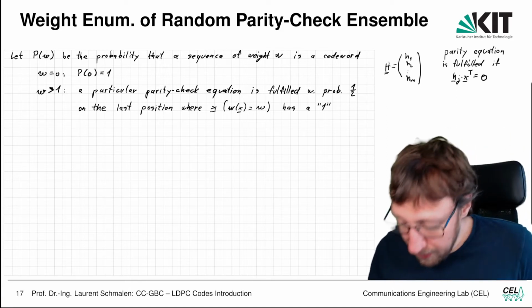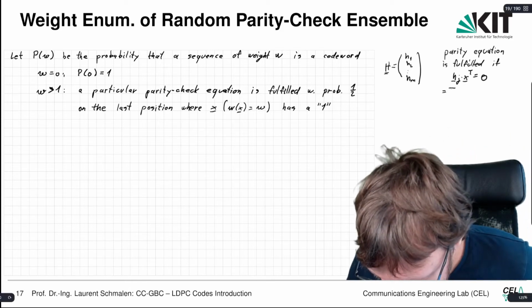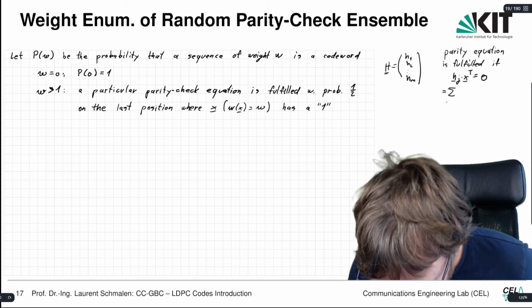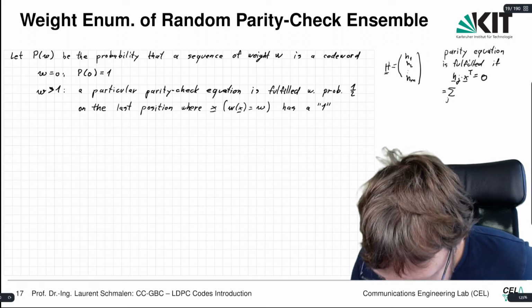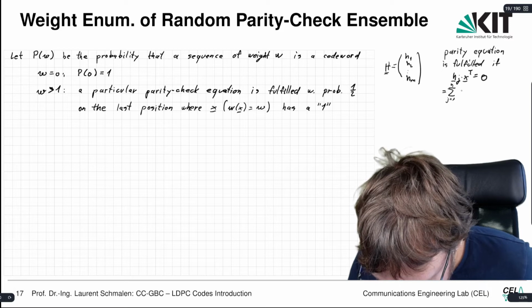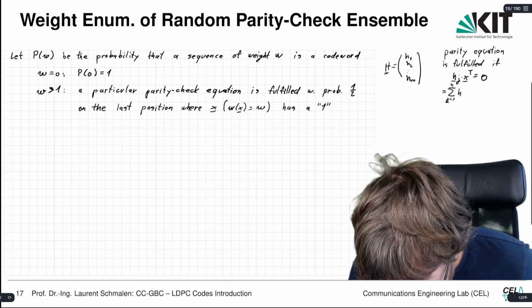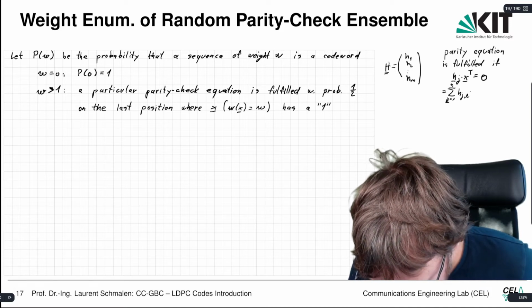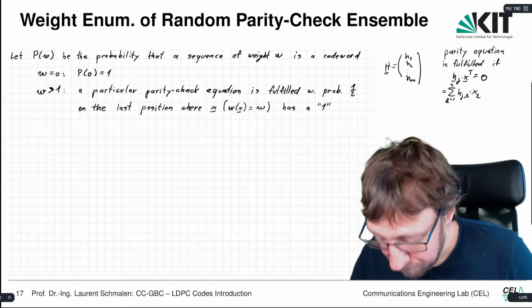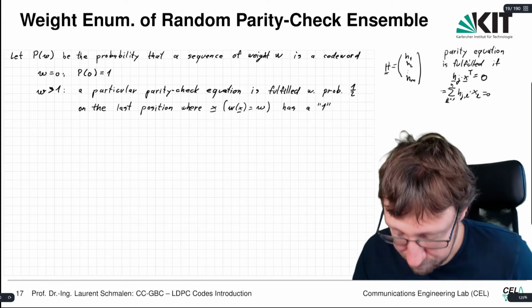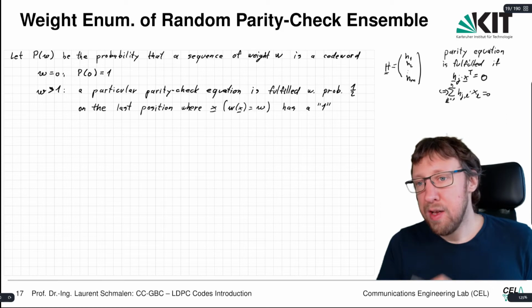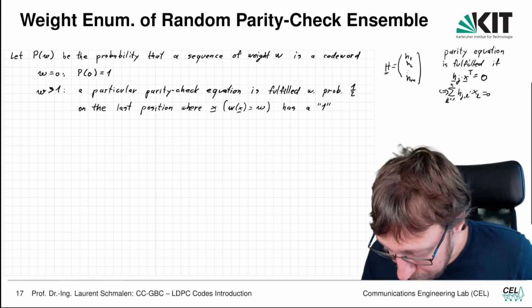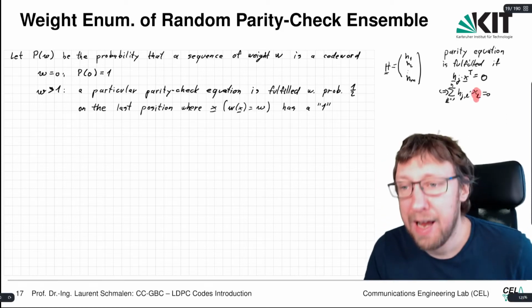If we calculate this, it is equal to the sum over l from 0 to n of H_jl times x_l, which must be equal to 0. So we're now looking at the last position where x_l is equal to 1.